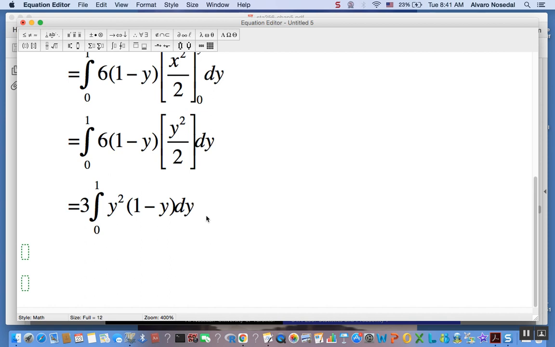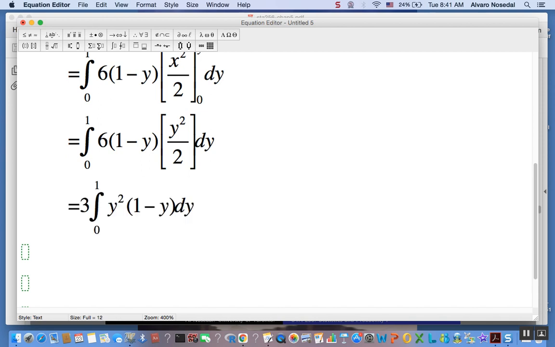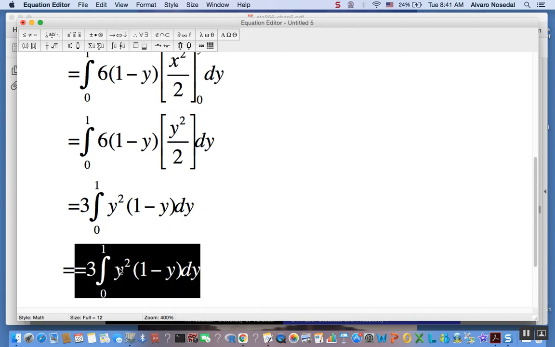Let me remind you that we have seen something like this before. When you want to integrate something from 0 to 1 that looks like y to the something times 1 minus y to the something, that guy looks like a beta distribution. So I'm going to be using the beta distribution to find that integral.